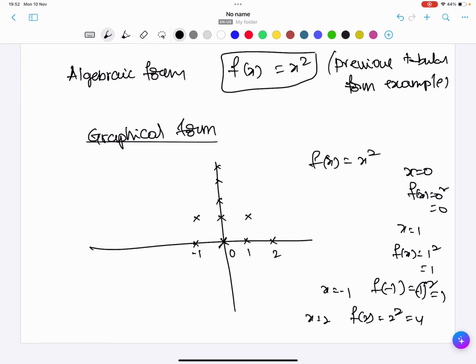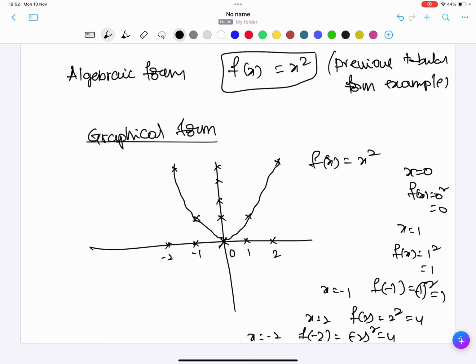It must be somewhere here. Similarly, f of minus 2 is equal to minus 2 whole square, which is 4, in the positive direction. I represent it somewhere here, and now if you connect all these points, you will get a parabola. This is the graphical way.